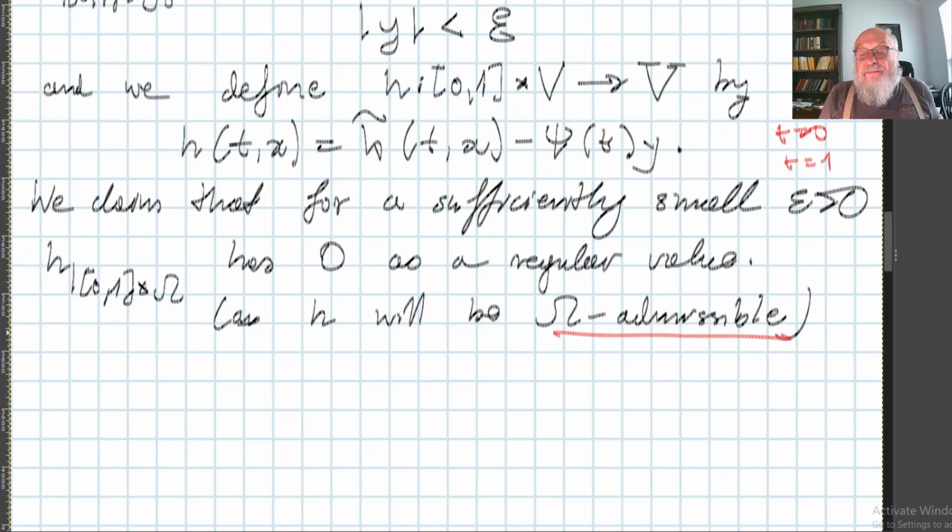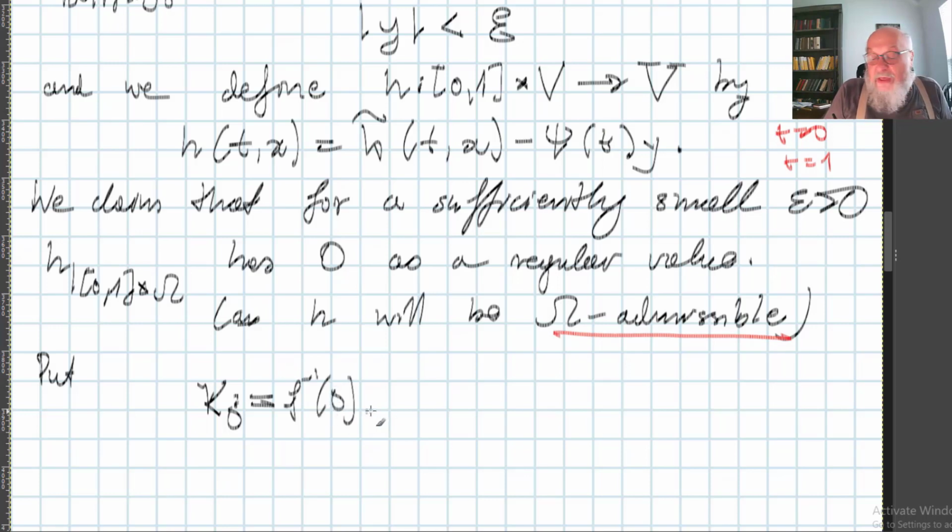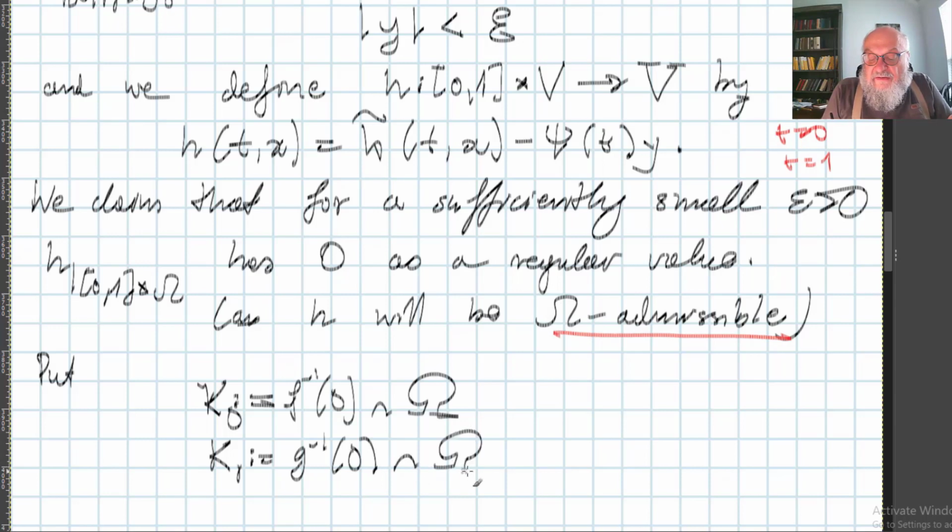So how to find an appropriate epsilon? Let's begin. Notice the following. Put k0 to be, by definition, f minus 1 of 0 intersection omega, and k1 is equal to g minus 1 of 0 intersection omega.